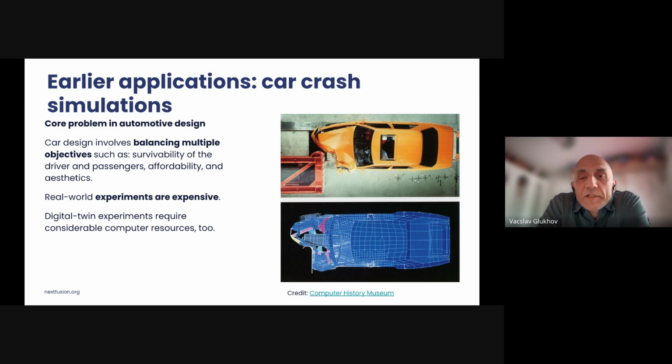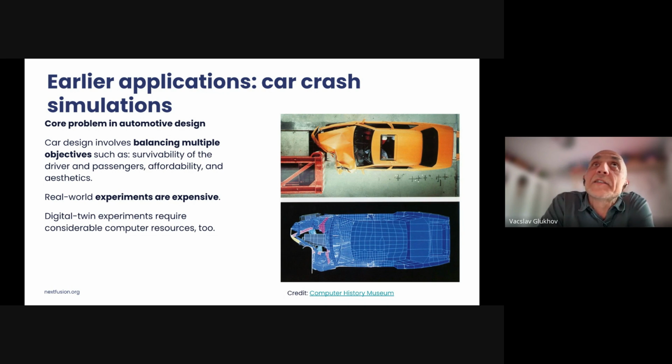Most cars that we see on the road are a product of various trade-offs. Let's simplify the problem by considering only two design objectives. We optimize affordability and survivability of the driver. Of course, we cannot design a car that is optimal in both objectives.